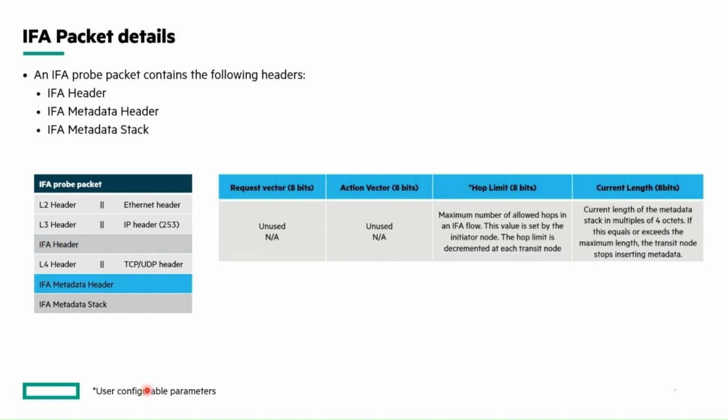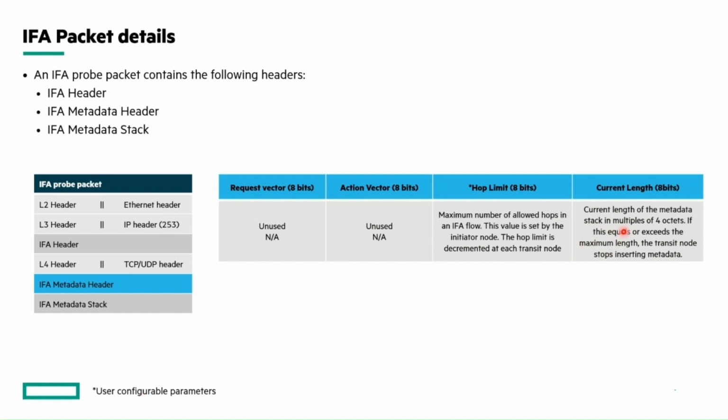Next we have the IFA metadata header. Again, the first 2 fields are not used right now. Now the last 2 are hop limit, which is the maximum number of allowed hops in an IFA flow. This value is again set by the initiator node. The hop limit is decremented as you take each hop, or as the packet is transferred from one IFA node to another node.